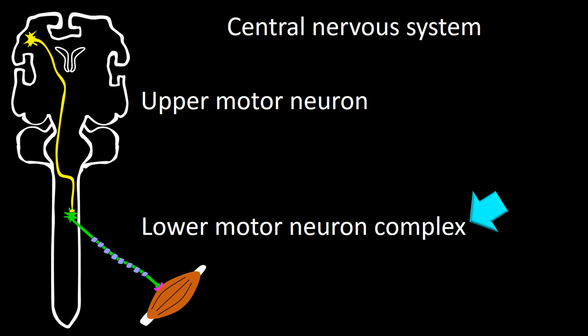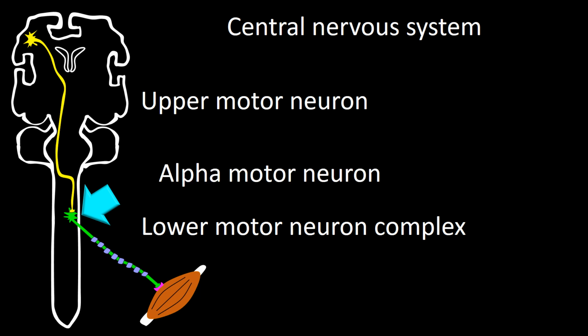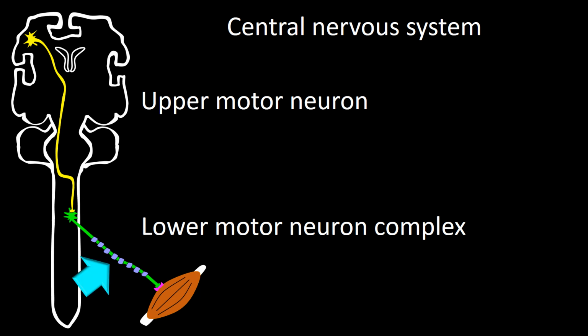The lower motor neuron complex includes the lower motor neuron, alpha, which are bigger and go to larger muscle fibers, or beta, which are smaller and go to smaller muscle fibers. I am now indicating the axon, the neuromuscular junction, the muscle, and the tendon.